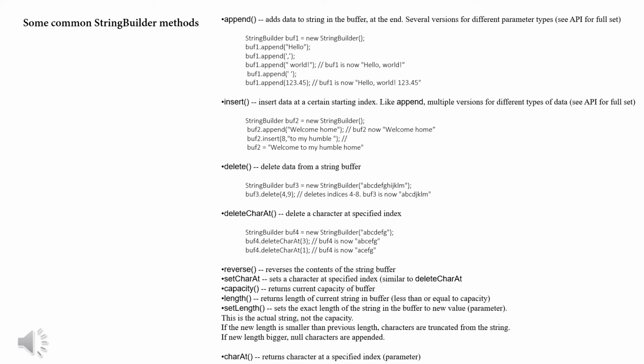If you want to delete, for example, B from this string, you can write buff4.deleteCharAt(1). So now the result will be a string with the value of A, C, E, F, G.